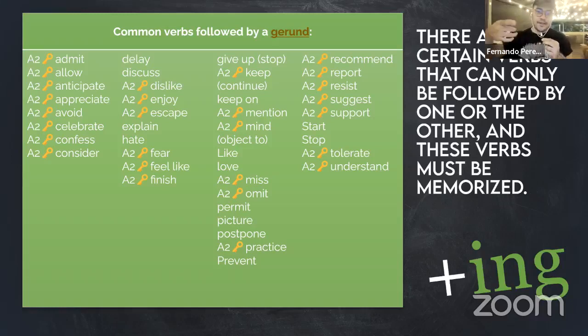If you say Jessica's example, Viridiana's example, we have: I appreciate eating every day. That's another very good example. Appreciate eating. Karen said, I anticipate doing homework. Val said, my mom allows me drinking sometimes.